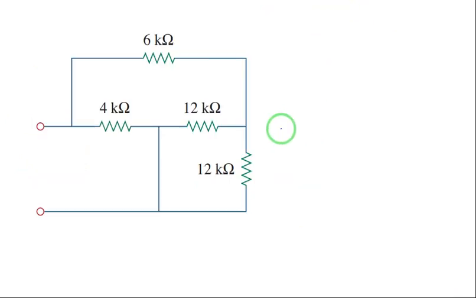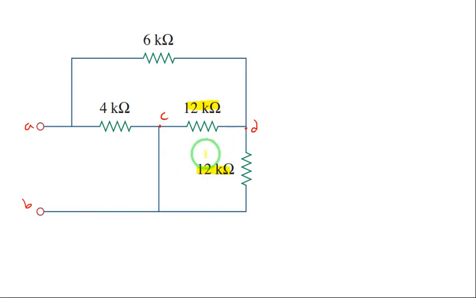This is another important model. See here, between these two terminals, let them be A and B, we have to calculate the equivalent resistance. Let this be C, and the same potential appears here, so this is D. From the given figure, this 12 kilo ohms and this 12 kilo ohms are in parallel.